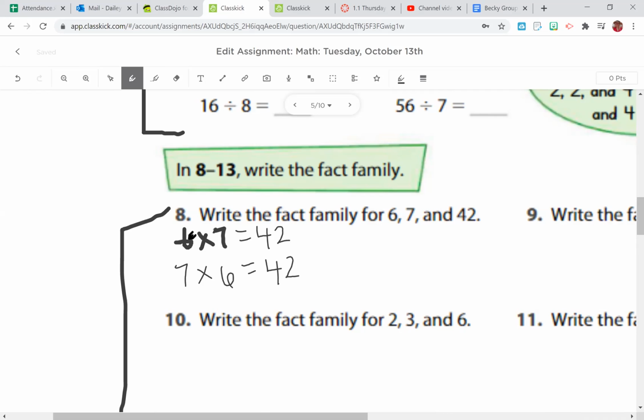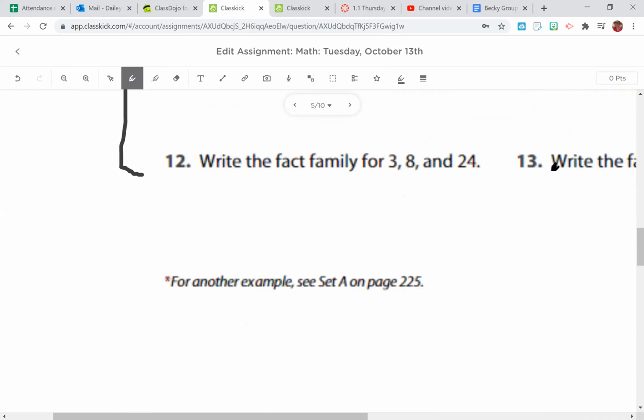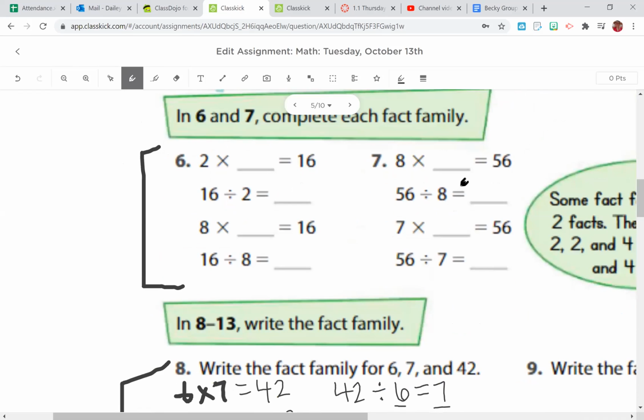Now for my 2 division sentences, I start with my largest number, and I can divide that by the divisor, and that equals the quotient. Remember, the divisor and the quotient can be flipped. The dividend stays the same. So these are all of our fact families. So you'll finish the rest of 9 through 13 and 6 and 7, and then you'll be done with our math skill for today.